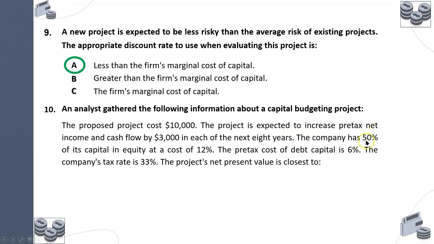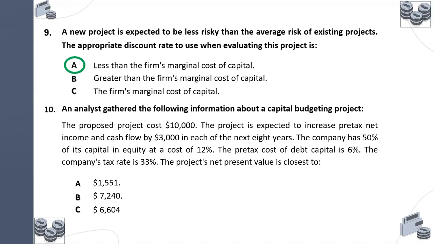The company has 50% of its capital in equity at a cost of 12%. The pre-tax cost of debt is 6% and the company's tax rate is 33%. So pre-tax must go after-tax: 6% times (1 minus T). The project net present value is closest to, these are the net present values of this project. So we need to decide the discount factor, which is the weighted average cost of capital.